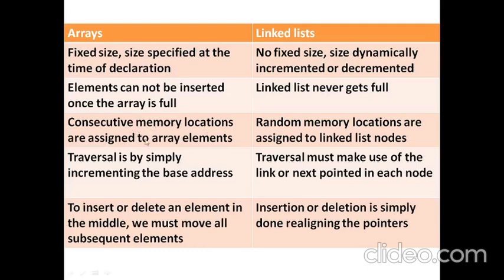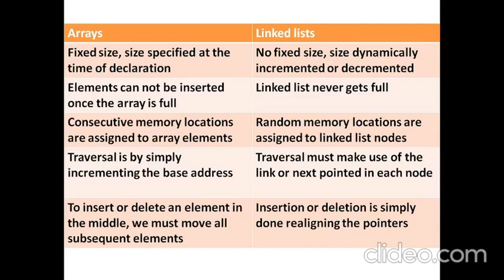Consecutive memory locations are assigned to array elements. This is a very important characteristic of an array. Whenever an array is declared, the compiler will always identify consecutive memory locations as per the size of the array. Say if you declare an array of size 5, then it will identify 5 memory locations that are in sequence.